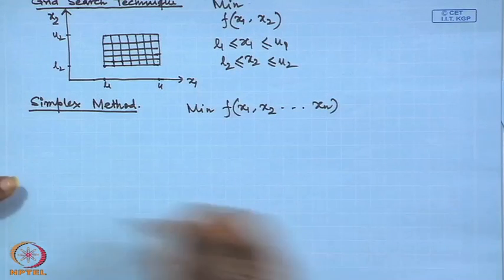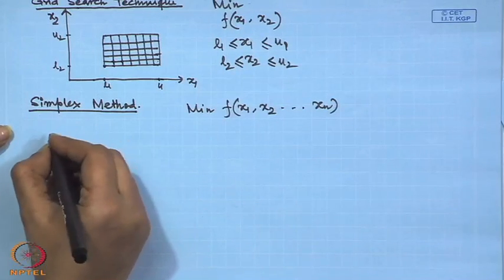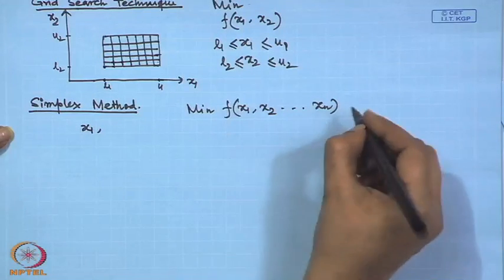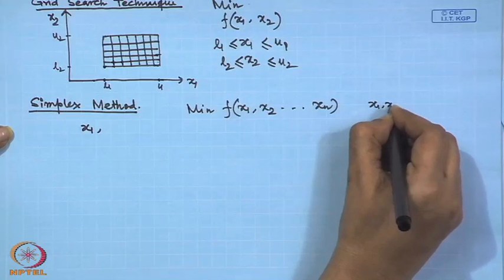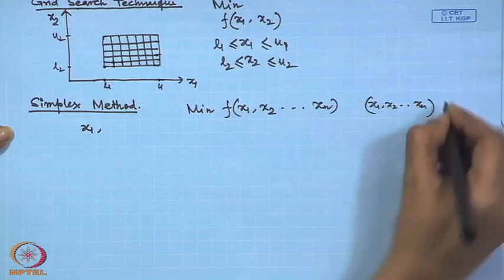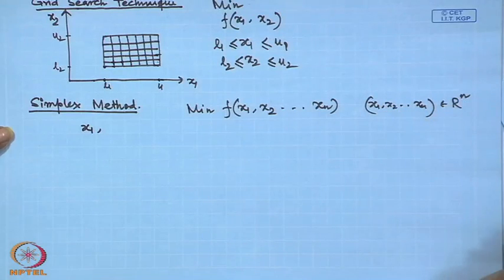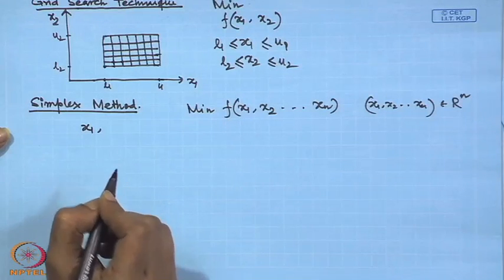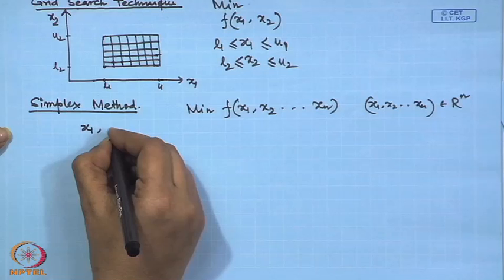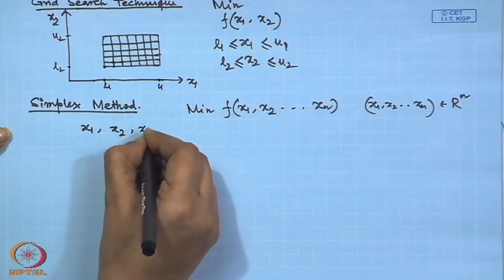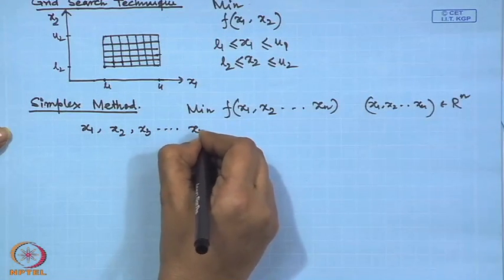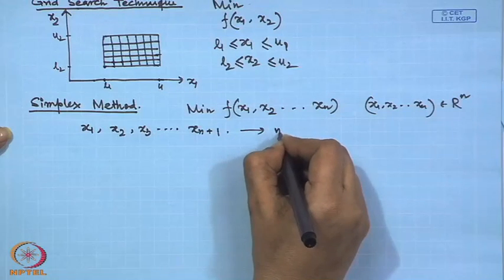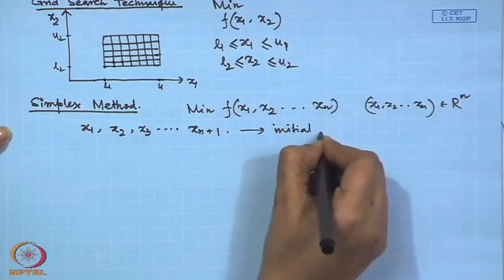A simplex must have n plus 1 points only, so let us take the points x1, x2, x3 up to xn plus 1 as the initial simplex.